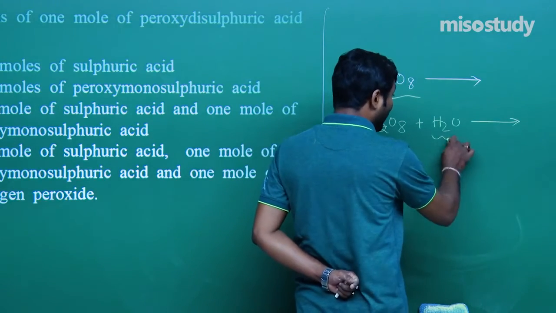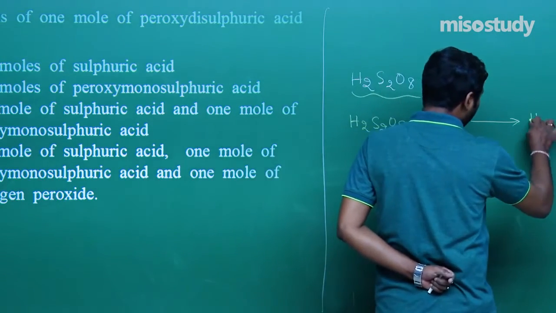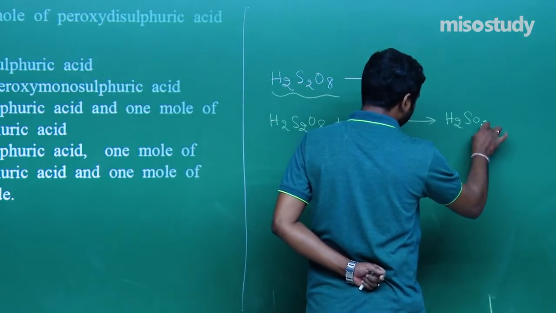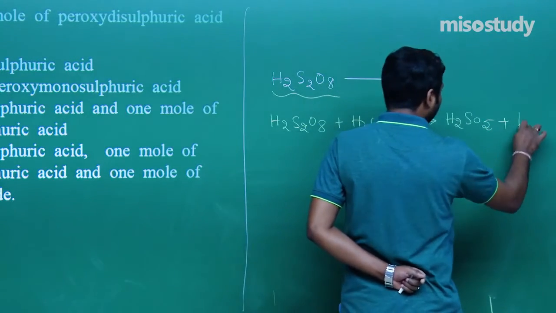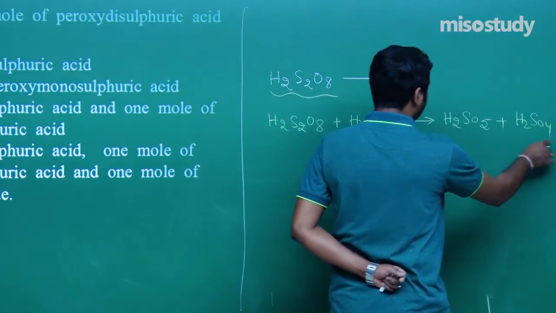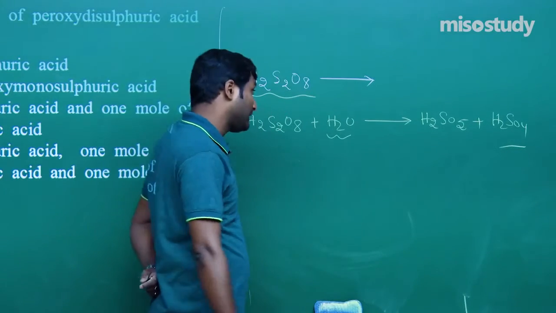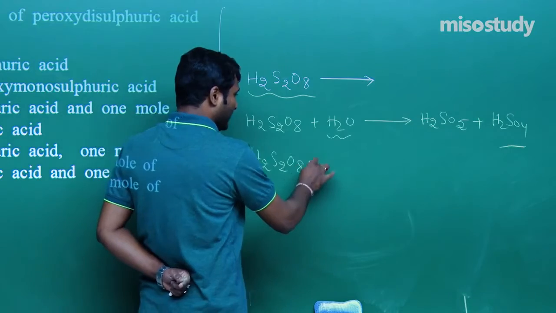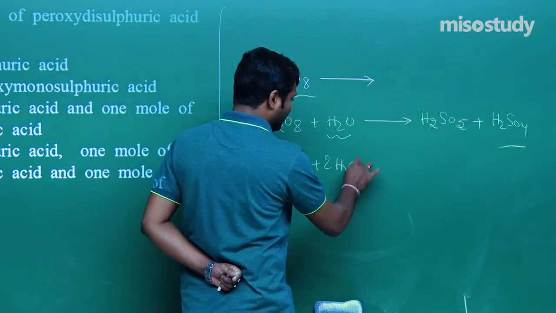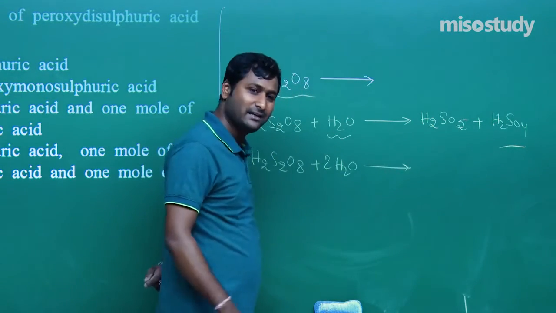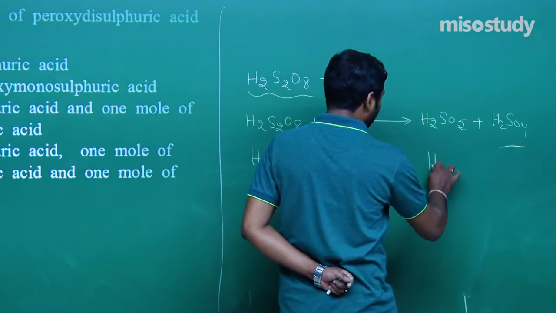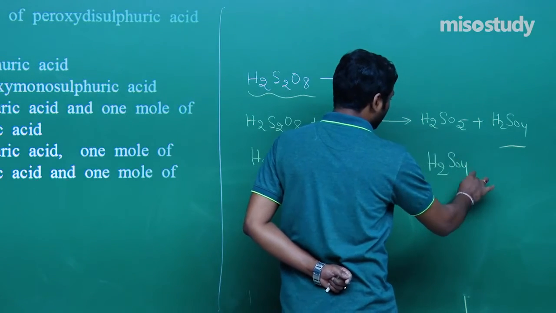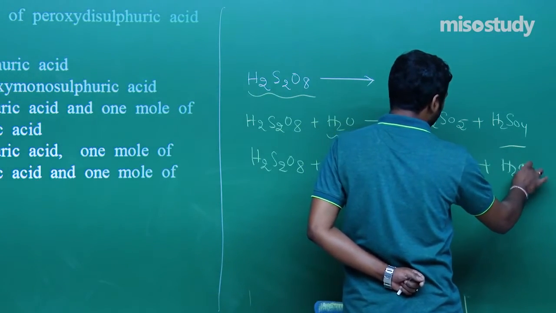First, on hydrolysis it gives you H2SO5 and H2SO4. Yes, you are completely correct. But according to the next situation, it gives you H2SO4 plus H2O2.